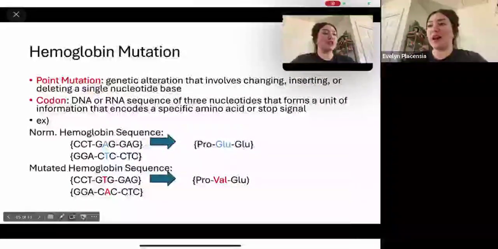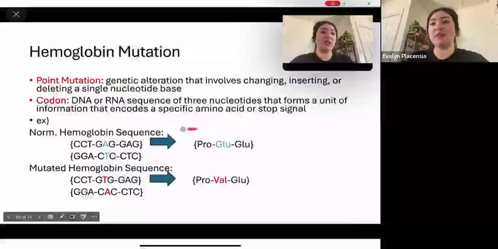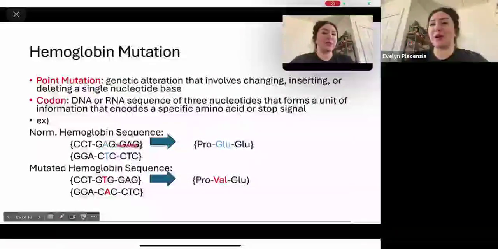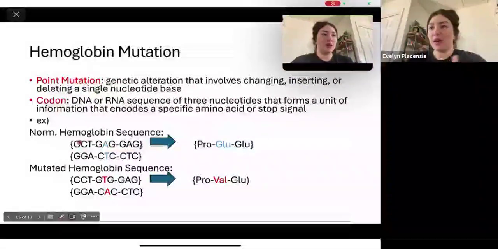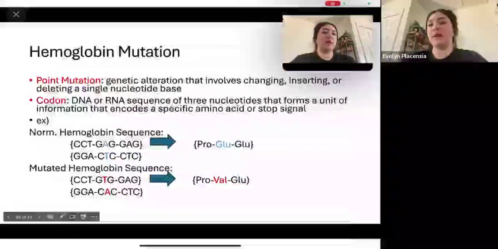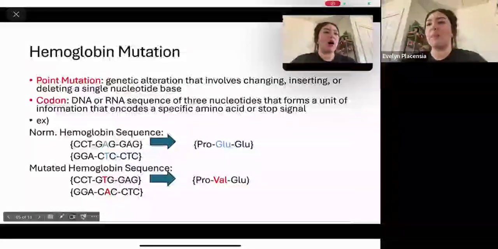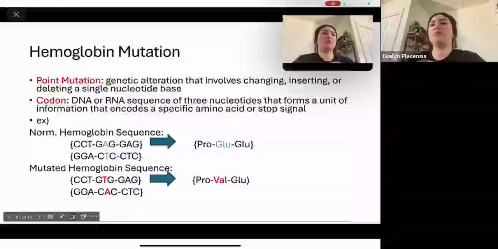I have prepared the amino acid sequence for normal hemoglobin. This is the sequence for hemoglobin in a healthy individual. And then right below, we have the mutated hemoglobin sequence. We're going to talk about the change and what it means.